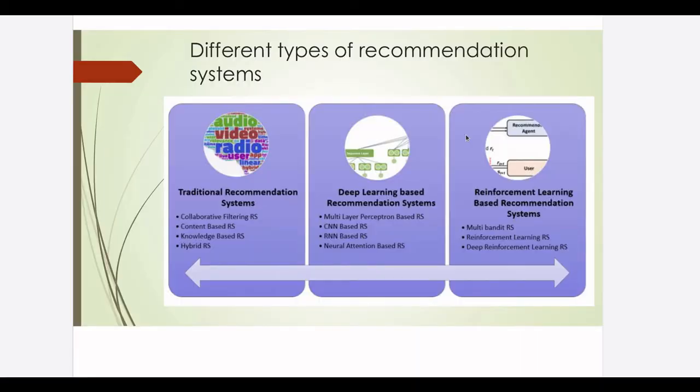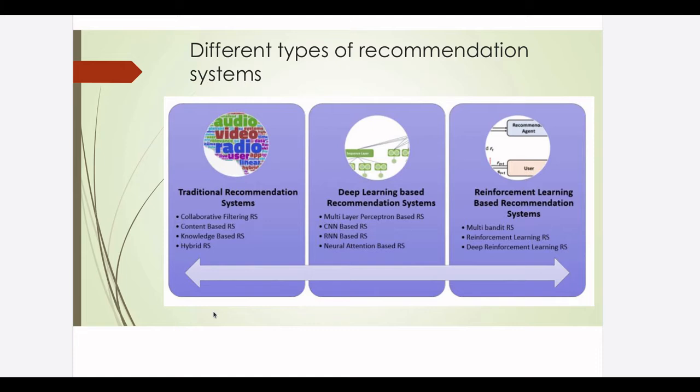Now, recommendation systems can be broadly classified into three different types. The first one is the traditional recommendation systems, which have been used for decades, and many of the major systems still rely on them. Some of the major algorithms which power them are collaborative filtering algorithms, content-based recommendation systems, knowledge-based recommendation systems, and hybrid recommendation systems.